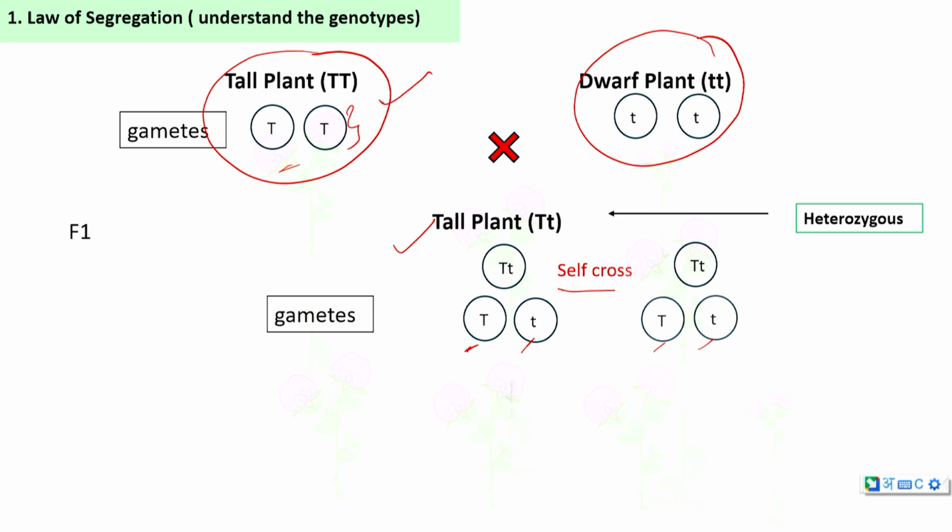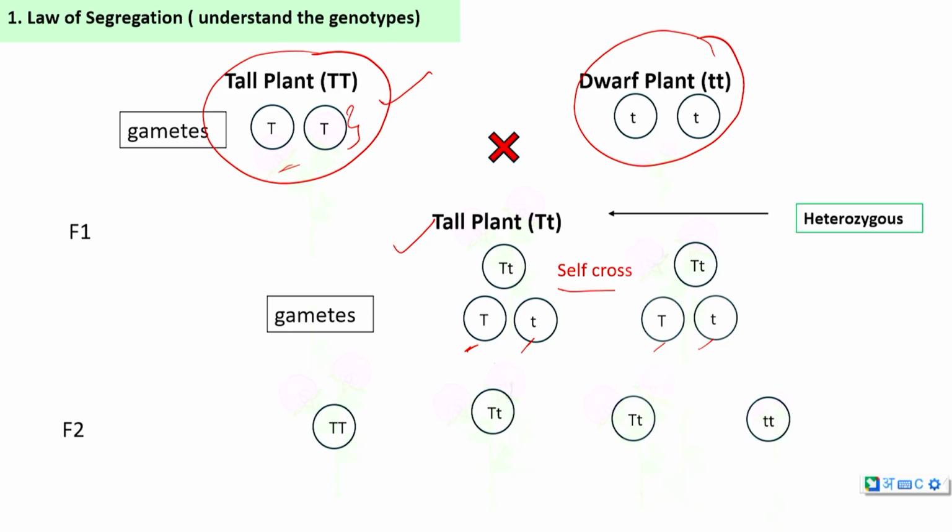The same is true here. So, there is a possibility of making different types of gametes. If I reframe my sentence, in homozygous plants 100% of gametes are of the same type, but here there are 50-50 chances that you get capital T or small t. That is an important thing to understand when we talk about homozygous and heterozygous.